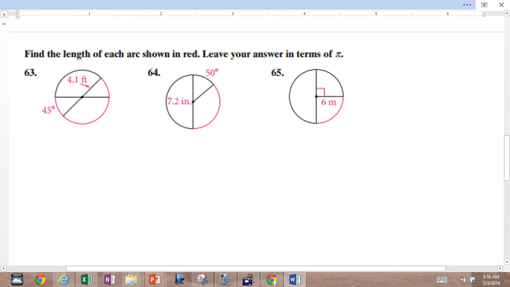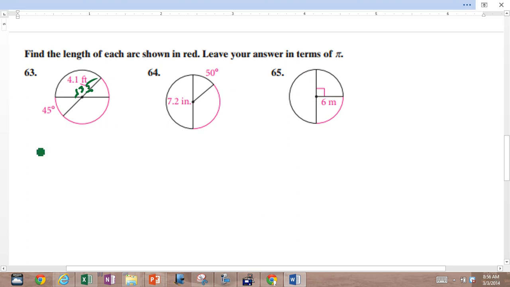What would be the measure of what we're looking for? Well, here's 45, so that's 135 right there. That's the angle right there. We're looking for the arc which is everything but 135.